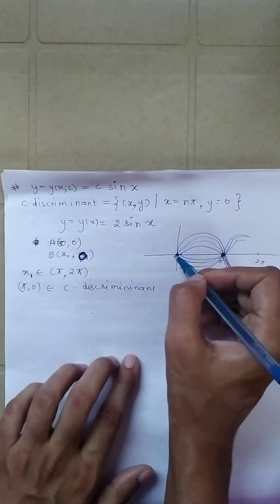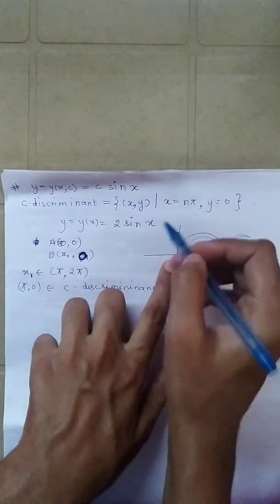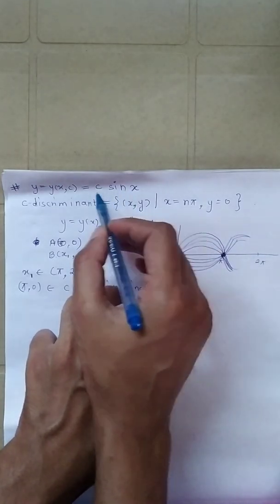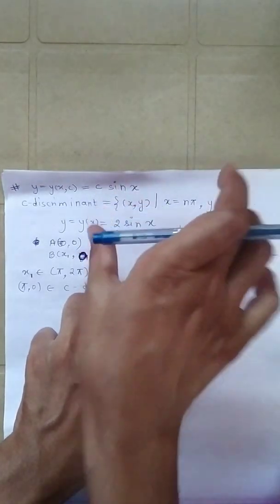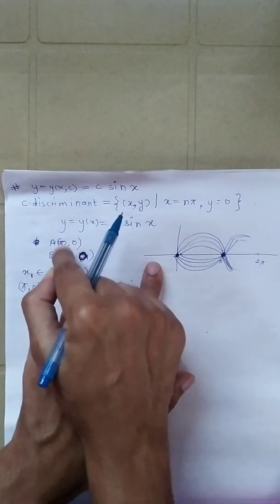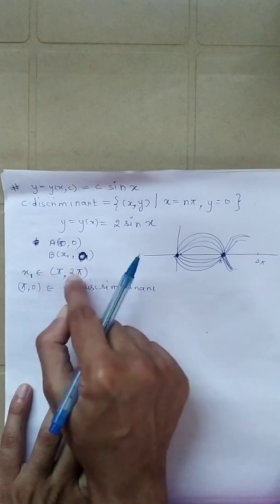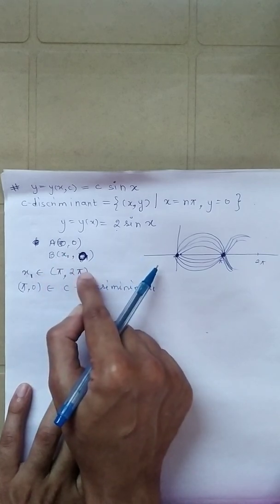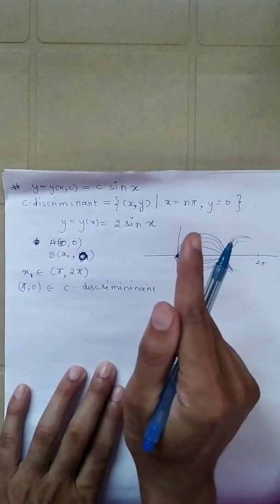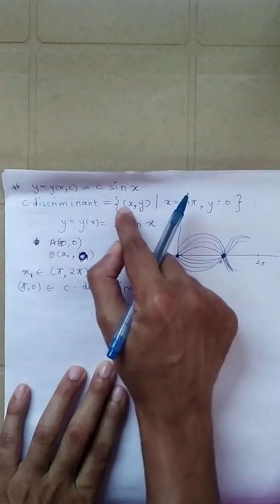And there is one more point. We already know what the C discriminant is for this family. Apart from the center point (0, 0), if this x1 is lying in this interval, then we can find one more point which is common with the C discriminant.